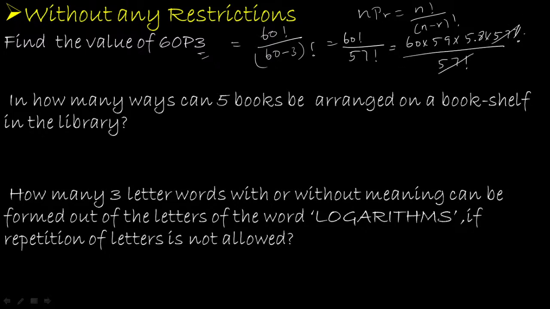So, cancelling 57 factorial in both numerator and denominator, you get the product of 60, 59, 58. Multiplying these values, you get 2,05,320.